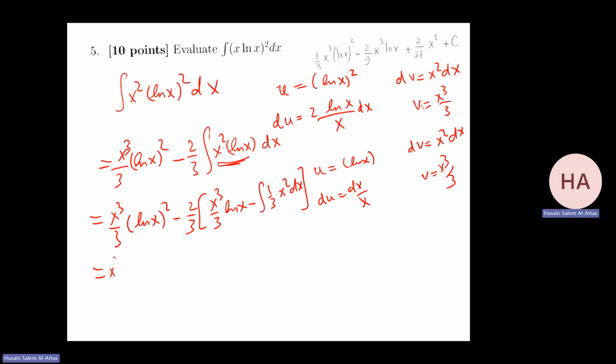So that gives me x cubed over 3 ln x all squared, minus 2 over 9 x cubed ln x, plus 2 over 9 the integral of x squared, which is x cubed over 3, plus C. So that gives me the answer.